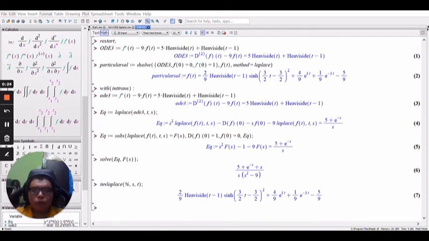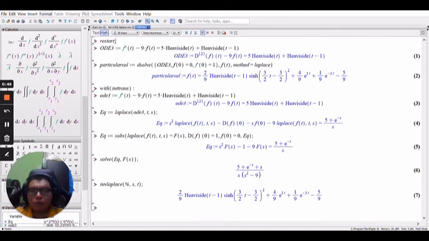I will be using Maple software to solve question 3B. So first of all, we use the command restart to clear all the previous memory. Then next we define the differential equation.